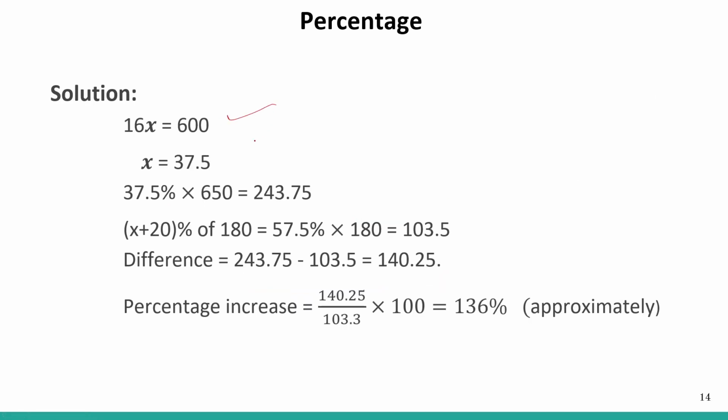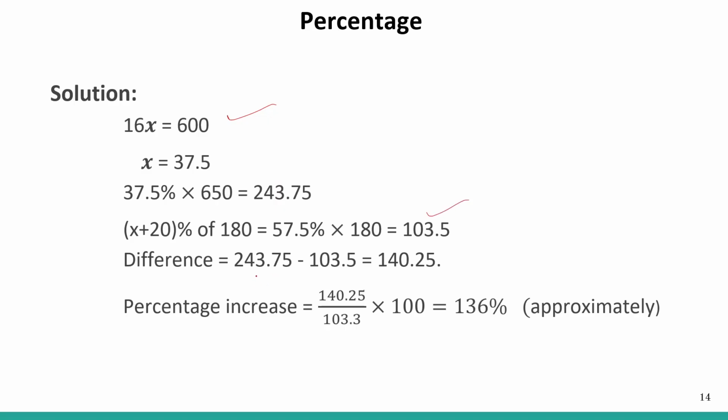So 16x will be 600, so x will be 37.5. So 37.5% of 650 is equal to 243.75. So this will be the answer for the first part. Then x plus 20% of 180 will be 57.5% of 180, that is 103.5.